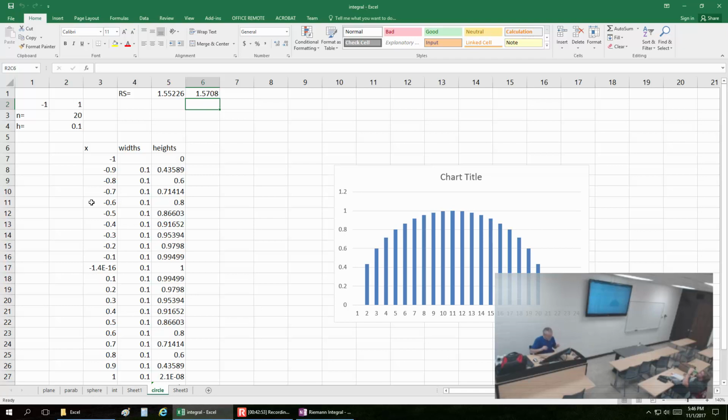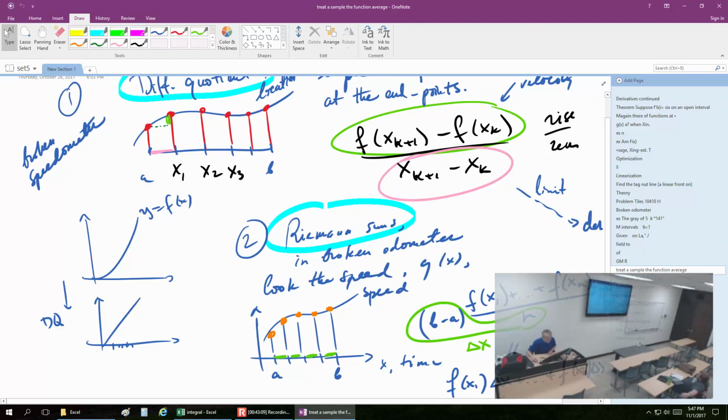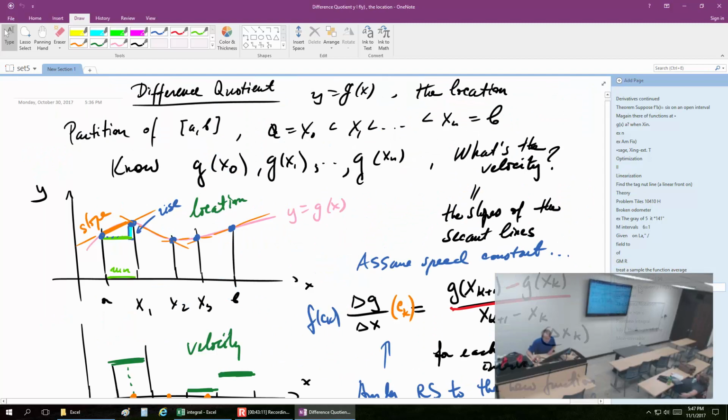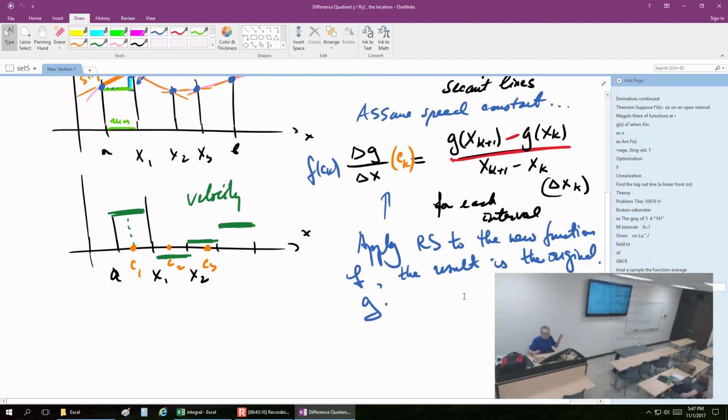Then what we discussed just a couple of days ago was the fundamental theorem of calculus, and that was done with the Riemann sums to begin with. The way I described it: apply the Riemann sums to the function of difference quotients, and you have the original function.